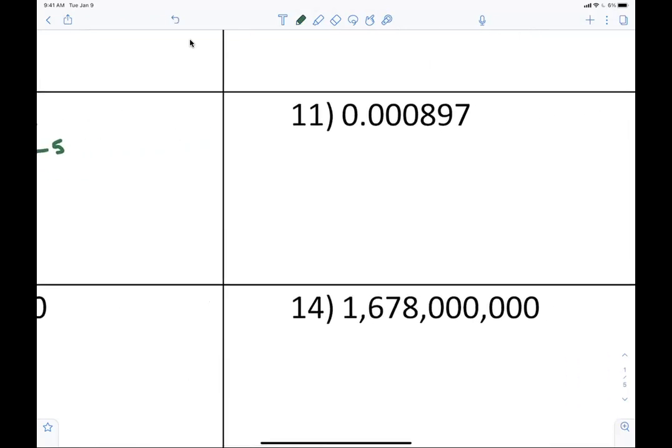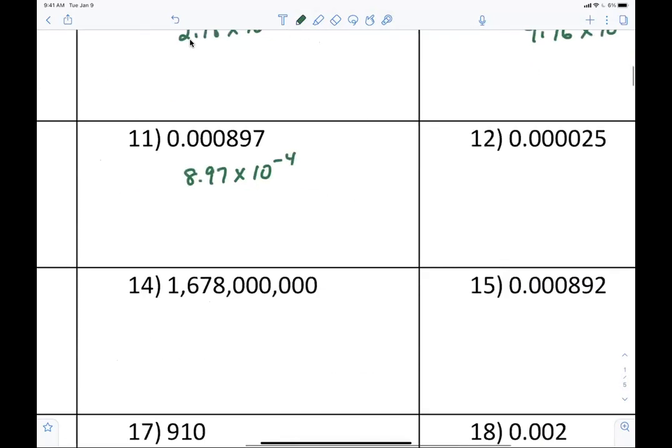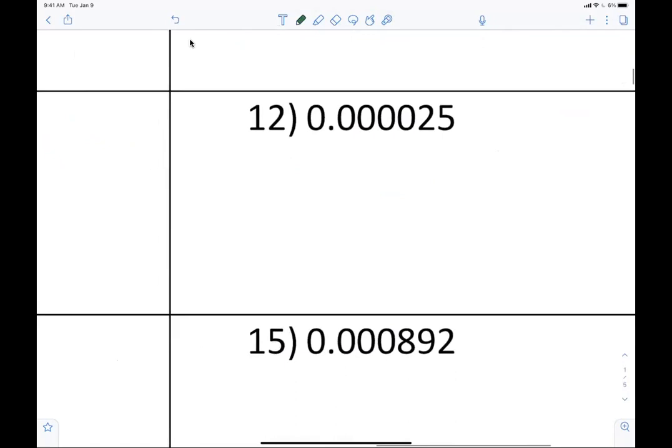Ms. Cole. 8.97 times 10 to the power of -4. Everybody happy? Good. I told you, super easy. All right, Charlotte, 12. 2.5 times 10 to the -15. Yes, perfect.